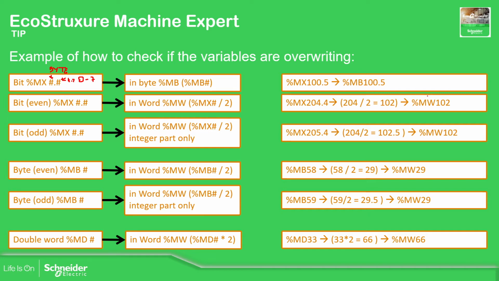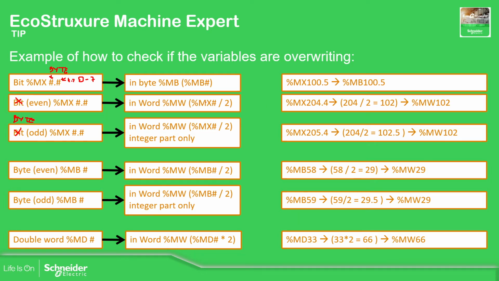So this is just to let you know whether the byte is even or odd. So this is not bit, I need to change it. It's going to be byte, because we are in the byte.